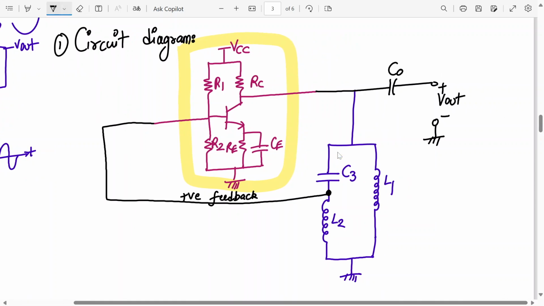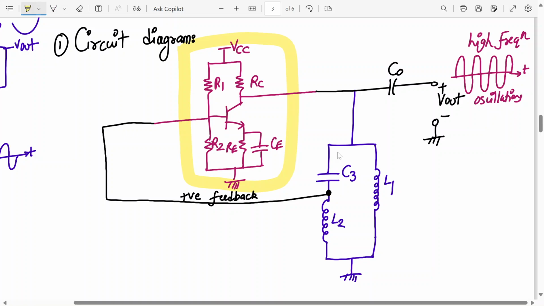Here we are supposed to get sustained oscillations at the output, like this, and of higher frequency. The frequency of these oscillations will be high. So high frequency periodic oscillations will be produced at the output of the Hartley oscillator. So this is my Hartley oscillator.